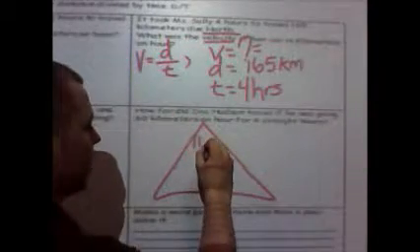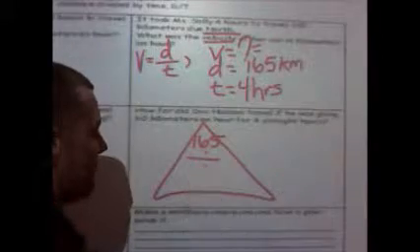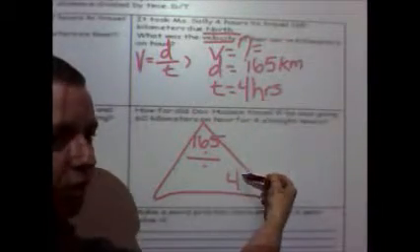Okay? So I'm drawing my triangle method. I know that distance always goes at the top, 165, and that's going to be divided by 4 hours. So distance divided by the time. Do you see that? That should give me my velocity heading north.